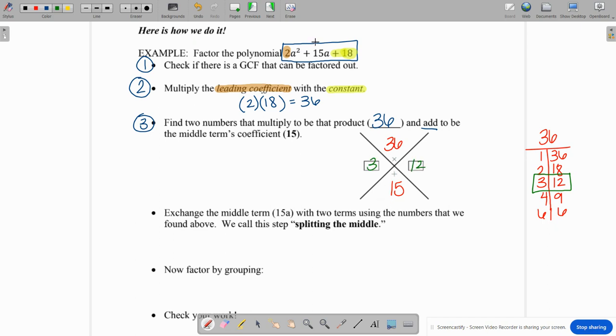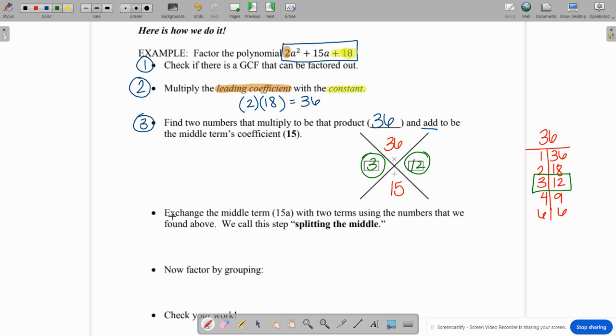So this tells us then how we're going to actually split that middle term. 15a could be split in a variety of ways, right? 1a and 14a, 2a and 13a, 3a and 12a, 4a and 11a. But there's only one combination that's actually going to work to be able to factor by grouping. And we just found that combination. We want to use the 3 and the 12.